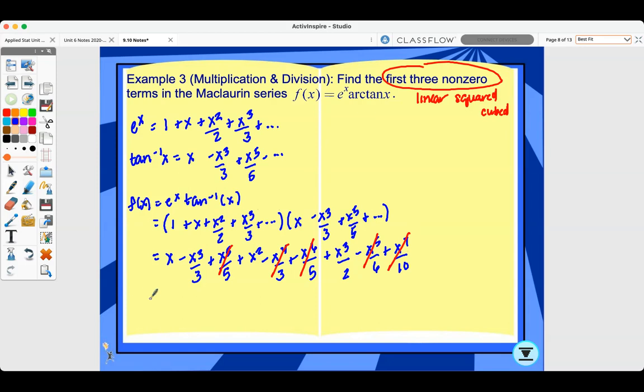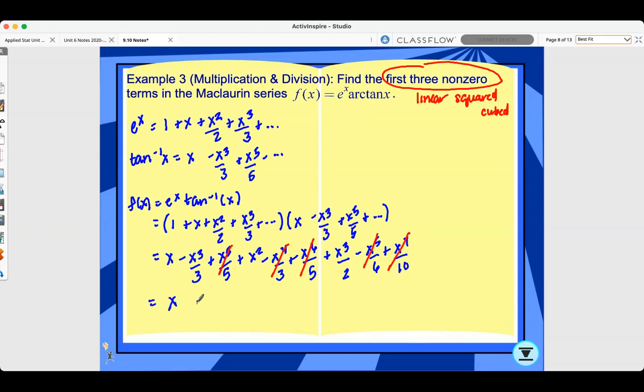So my first three terms would be x plus x squared. And then I have two x cubed terms, so I need to get a common denominator, and that would be minus 2x cubed over 6 plus 3x cubed over 6. So that would give me plus x cubed over 6.